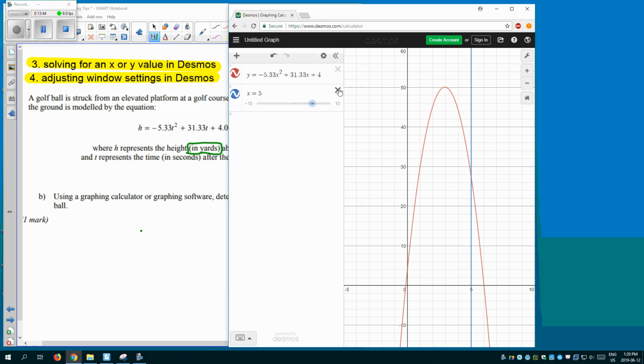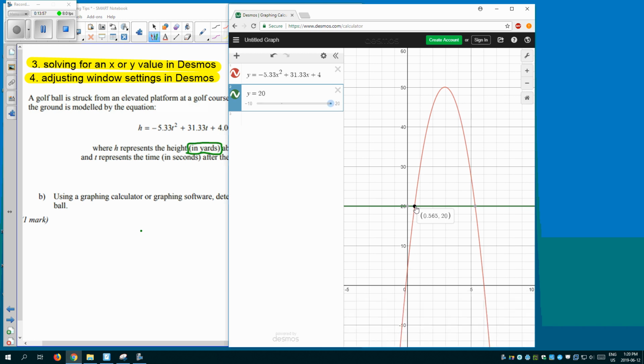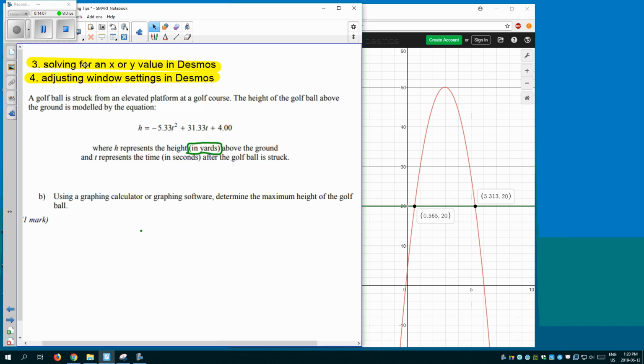So we have to put in y equals 20, and the golf ball will be at exactly 20 yards off the ground at these 2 times. So it's really straightforward being able to do tip number 3, which is solving for an x or a y value in Desmos. Just wanted you to have this last little chance to review it.